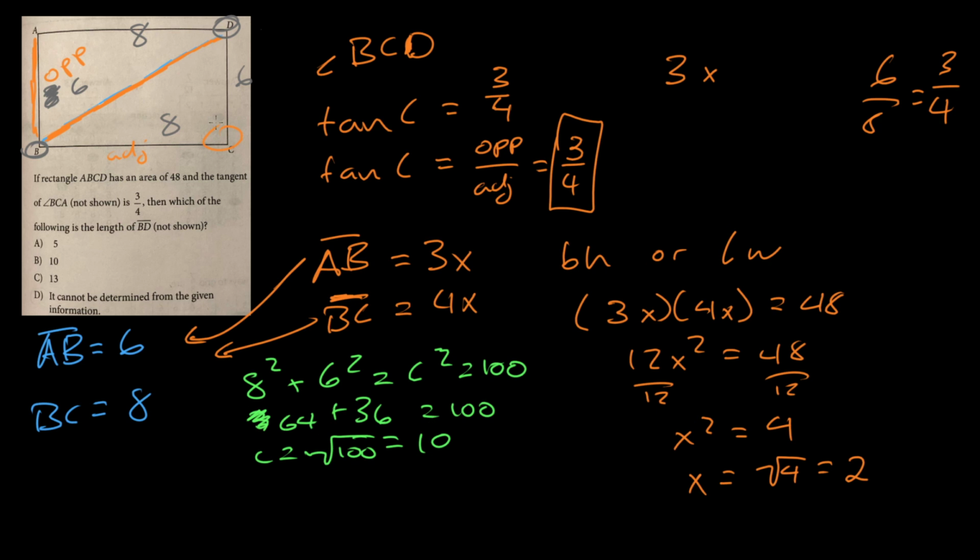And so the hypotenuse over here of B and D is equal to 10. So that is our answer. BD, this line, is equal to 10. And our answer would be B.